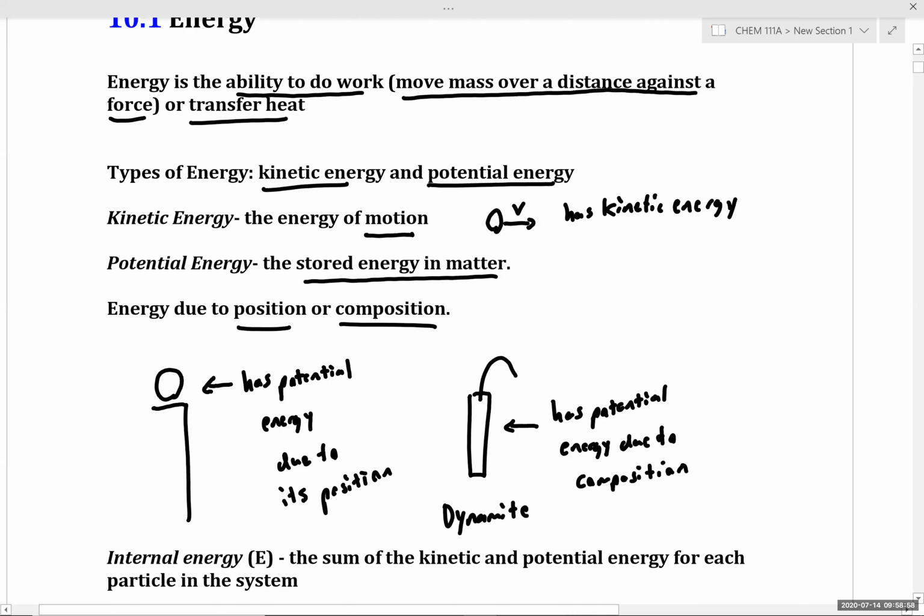If we light that stick of dynamite, we can use it to move things or generate heat. Just like if we have this boulder, we can convert and use this potential energy to, for example, cause the boulder to fall to the ground if we push it.